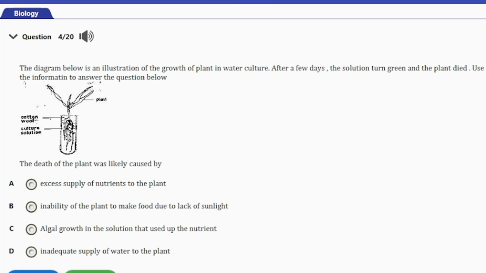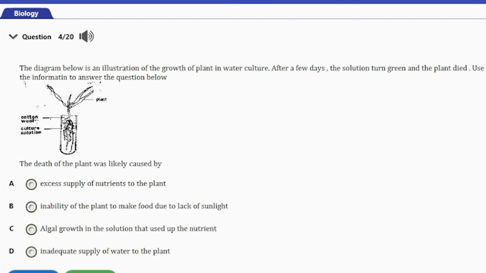The question says, the death of the plant was likely caused by A. Excess supply of nutrients to the plants, B. Inability of the plants to make food due to lack of sunlight, C. Algal growth in the solution that used up the nutrients, D. Inadequate supply of water to the plants.